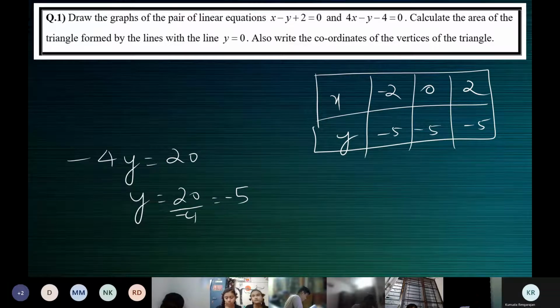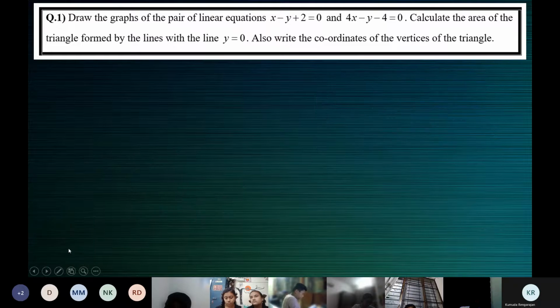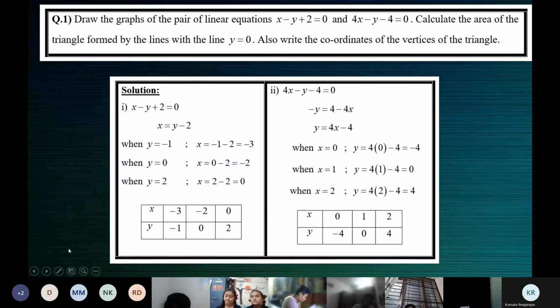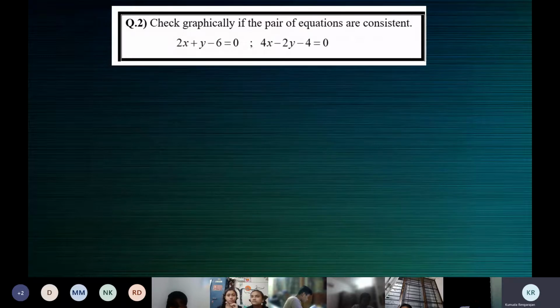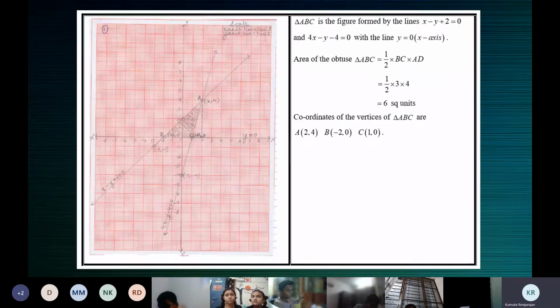All right. We finished the first one. Let's see the second one. Correct, children? We have to do the second one. We finished only one graph in the last class. So the second one, check graphically. The earlier graph was different, children.